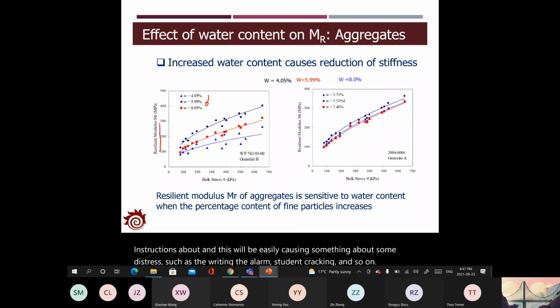Usually for soils with higher fine particles, the impact of the water content will be larger. So the percentage of fine content is one critical variable for us to evaluate whether this type of soil is appropriate for the subgrade layer.